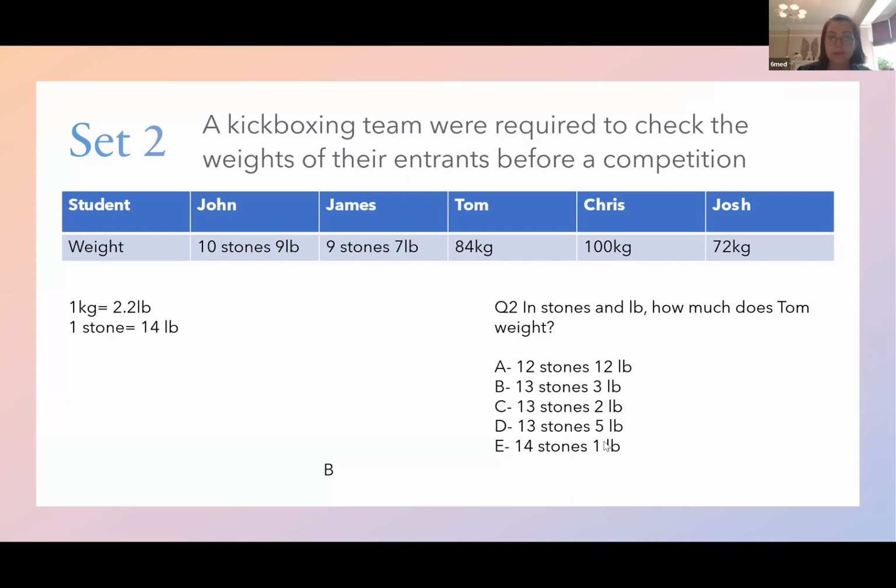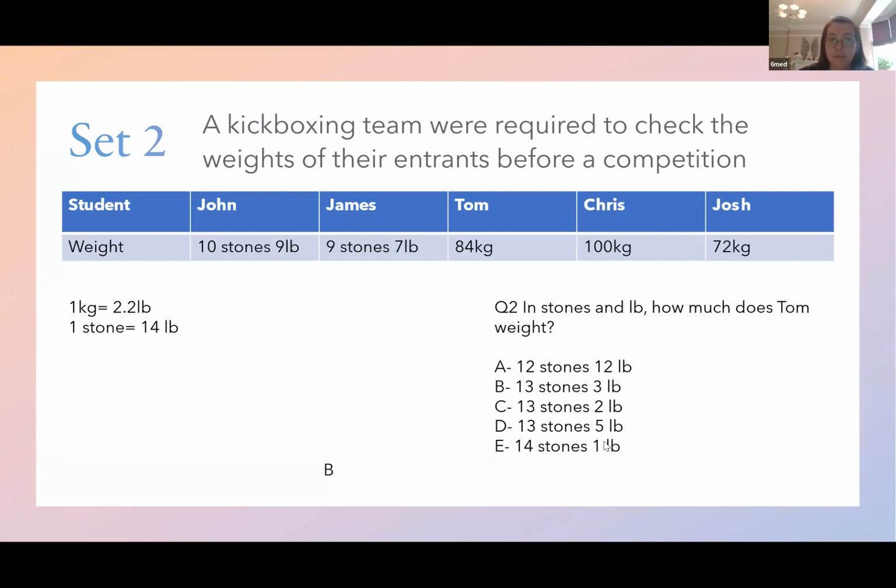Yes, so you've converted his weight from kilos to pounds, which is, I think, 184.8. I think that's correct. And then we need to figure out how many stones are within that. And there are 13 stones in 184.8 pounds. And then there's some left over. And we're trying to figure out how many are left over.